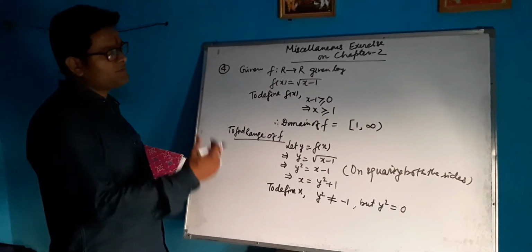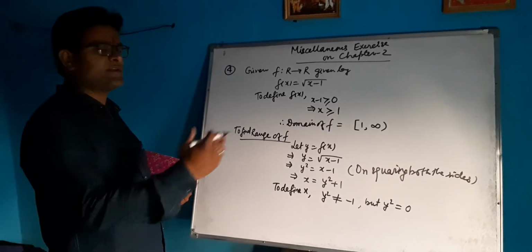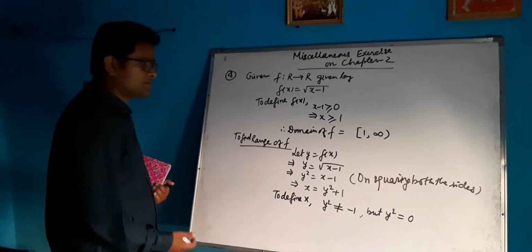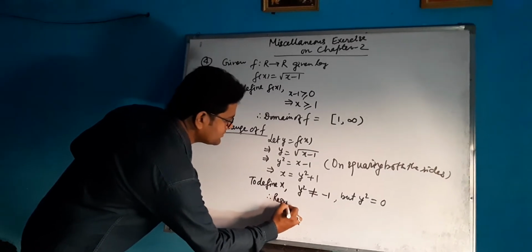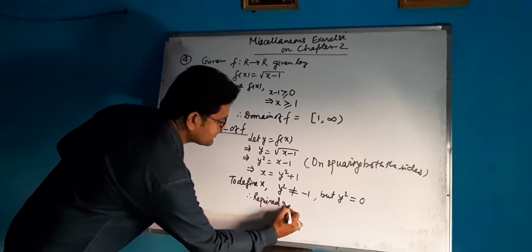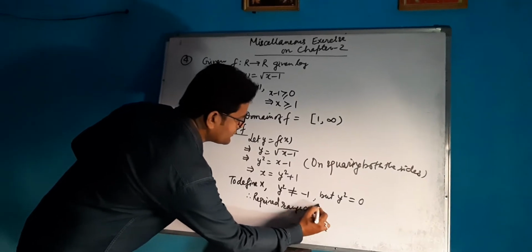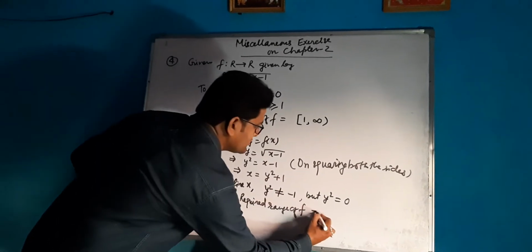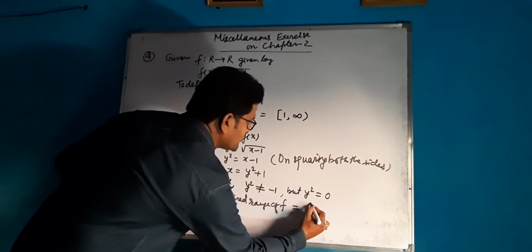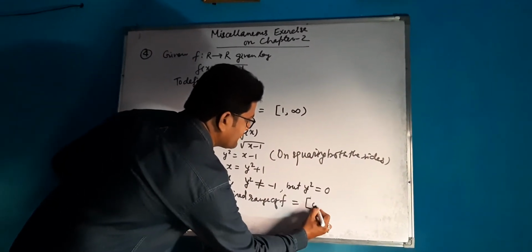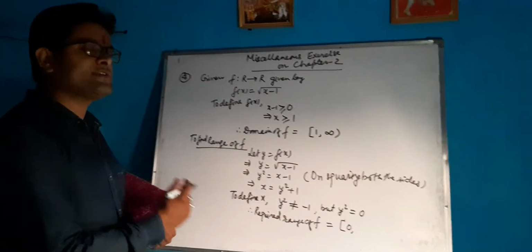Means all real numbers are possible including 0 and the rest. Therefore the required range of the function f is all values starting from 0 and the rest of all values.